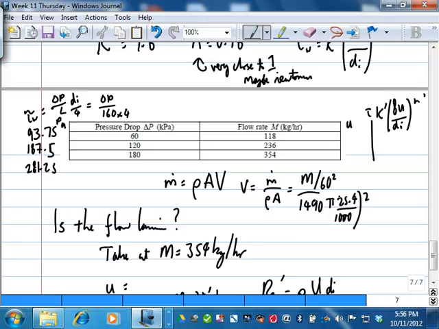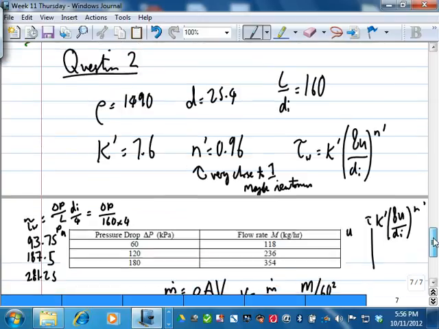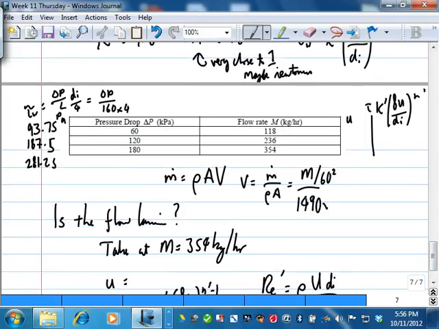There should be a square here. 1490 times pi times 0.0254 squared over 4.